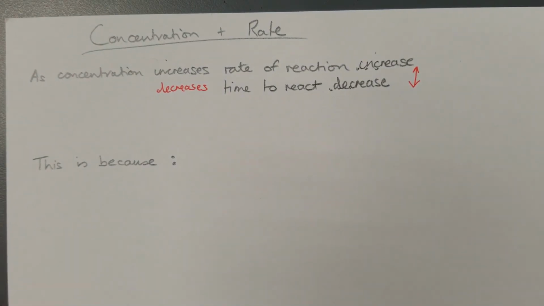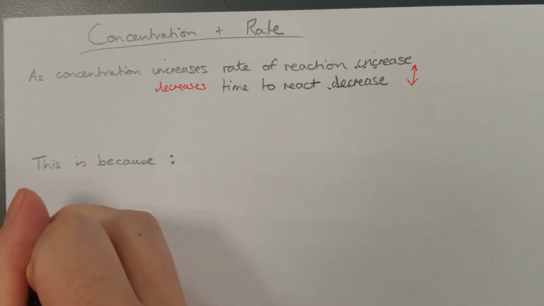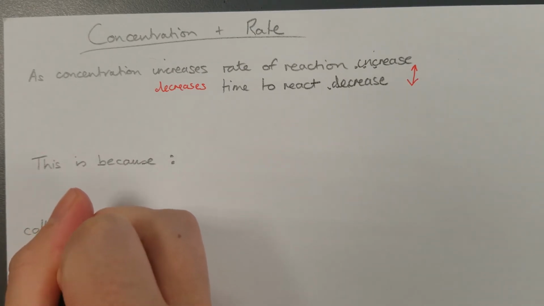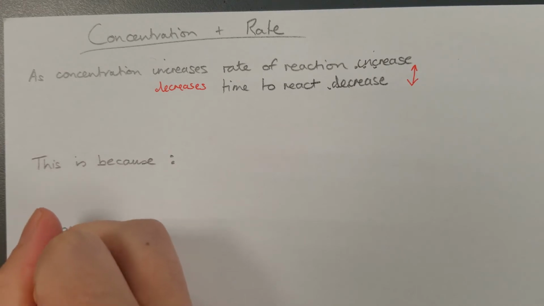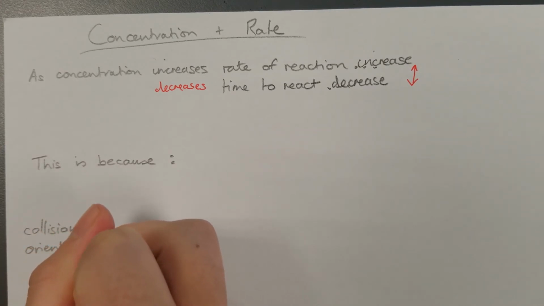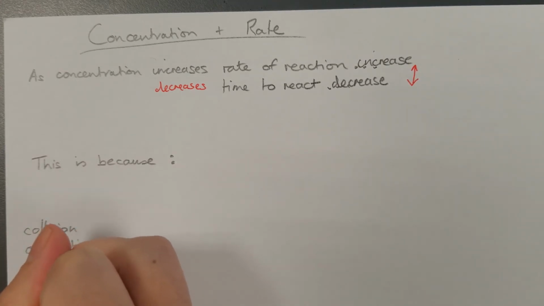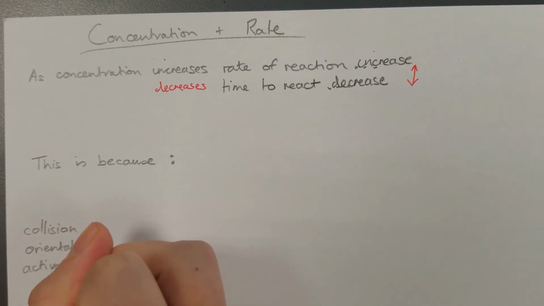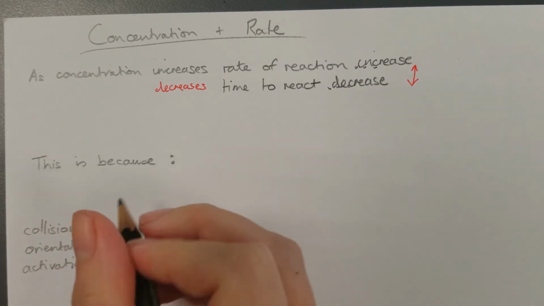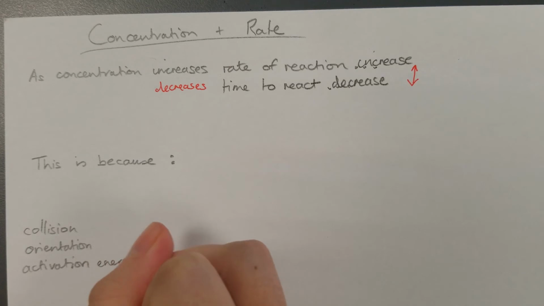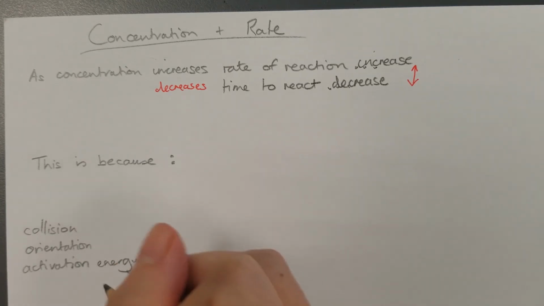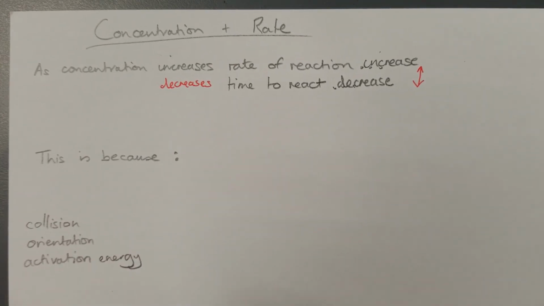Okay, so this is because, again, we're going to relate back to our 3 things we need for a reaction. We need a collision, we need orientation, and we need the activation energy. So, similar to the surface area, guys, we are only changing one of these 3 things. Remember, temperature has the biggest impact because we're changing collision and activation energy.